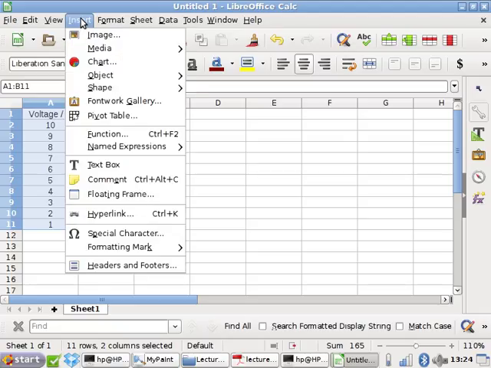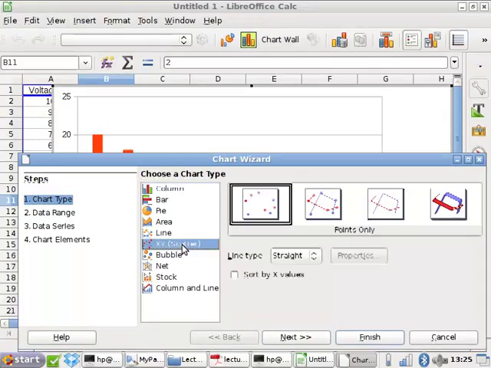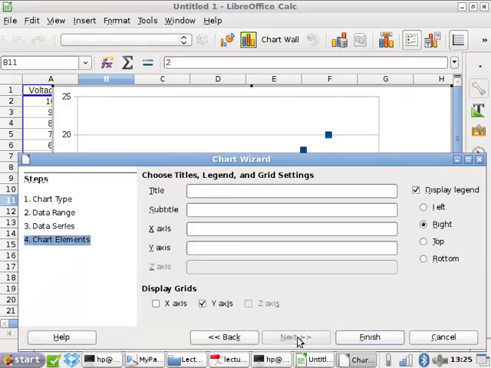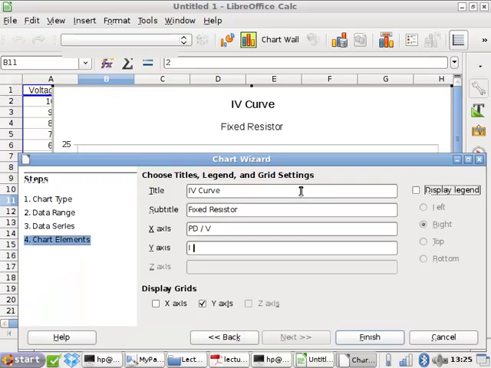Insert chart, and I'll need a scatter plot. IV curve, fixed resistor, voltage or potential difference in volts, current in amps.